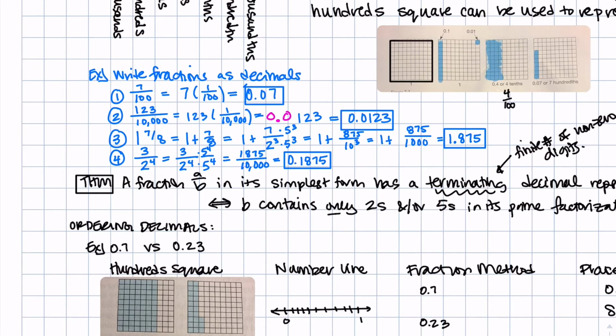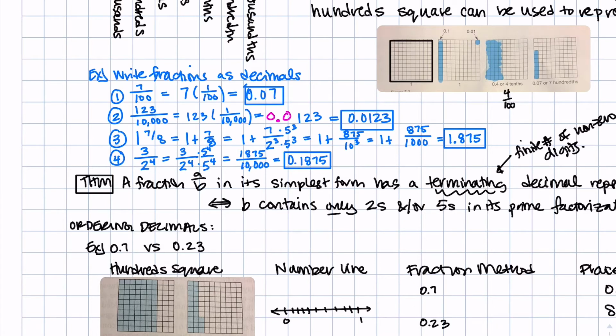Okay, so those are a bunch of examples of going from fraction form to decimal form. The thing to notice is in these last two examples, when I had a fraction, the denominator was not clearly some power of 10. In example 3, I had a power of 2.